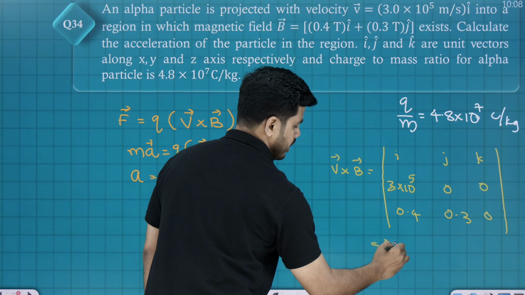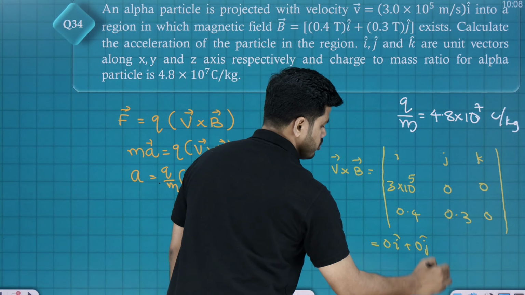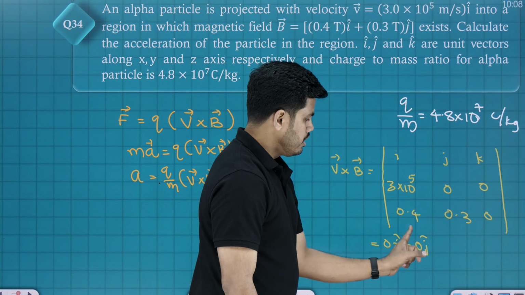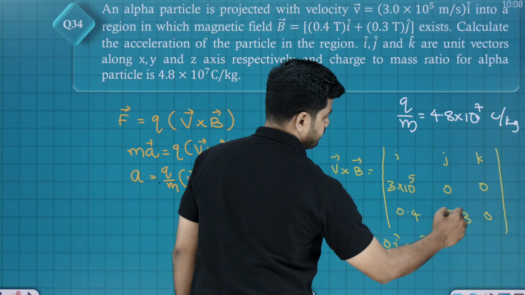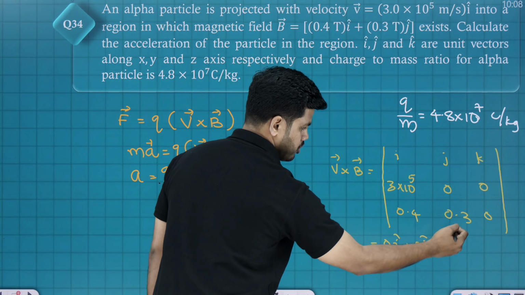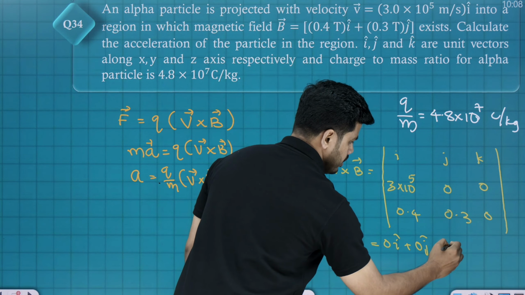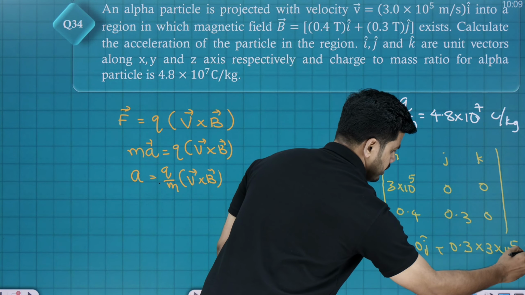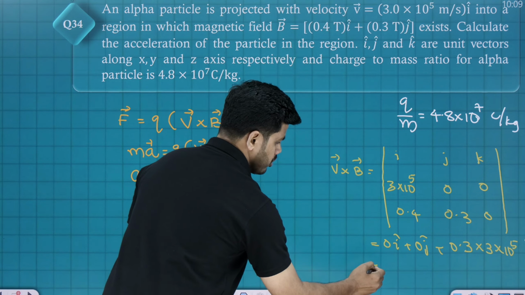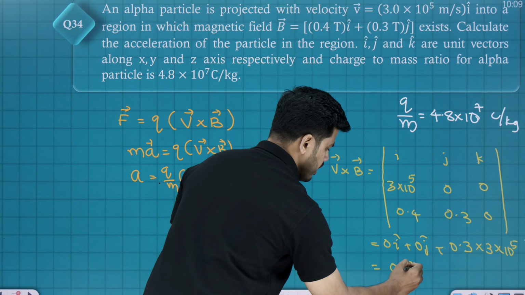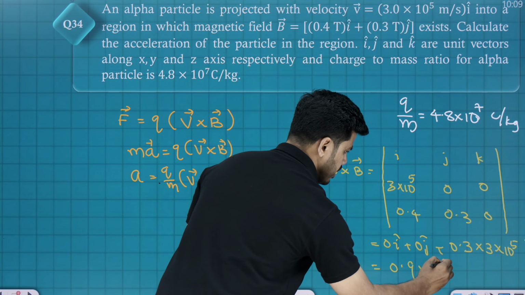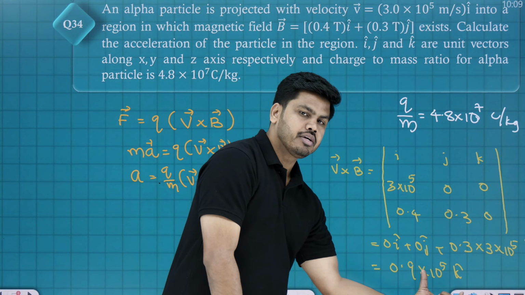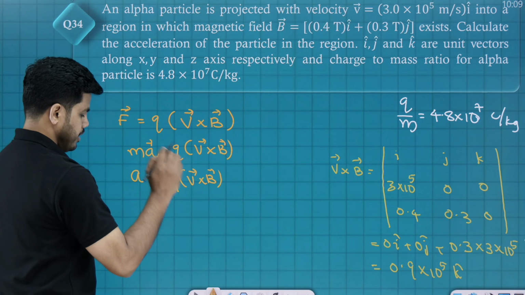We can say 0 î plus 0 ĵ, the î part is 0, the ĵ part is going to be 0 only, and k̂ is going to be 0.3 into 3 into 10^5 k̂. So finally, v cross B, we got 0.9 × 10^5 k̂. That is the v cross B part, and that value you can use here.